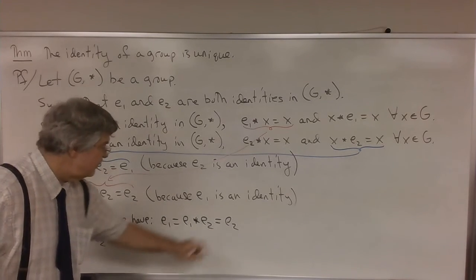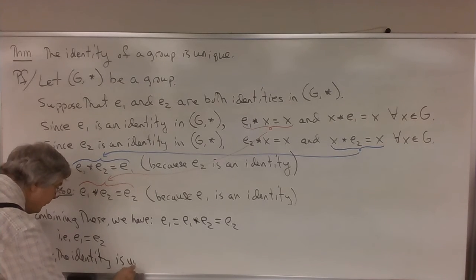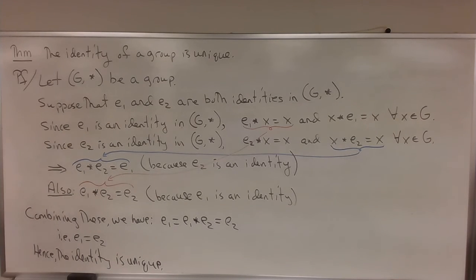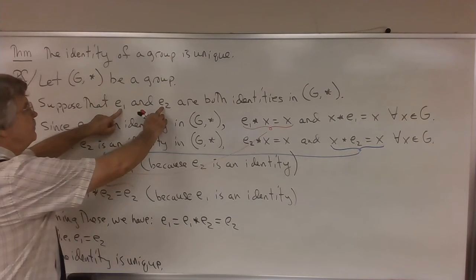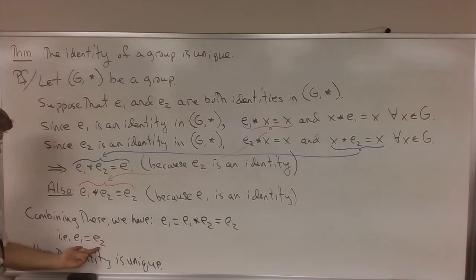So E1 equals E2. So we assumed that there were two identities, E1 and E2, and that assumption led us to the fact that they had to be one and the same.